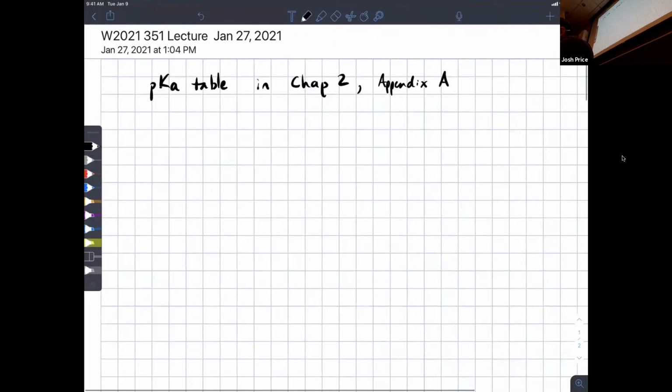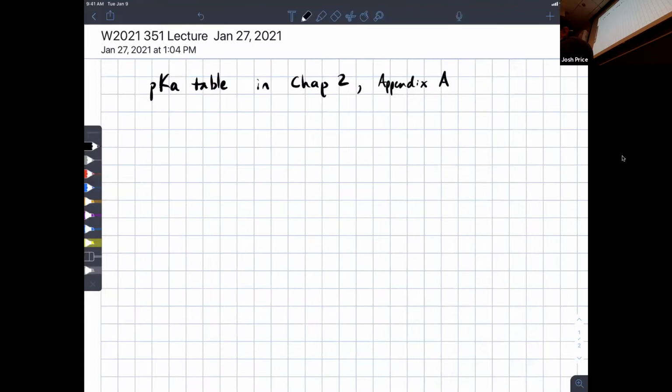How do you use a pKa table? Well, it can be somewhat tricky. In order to use it appropriately, it's useful to recognize different functional groups, which is something that we want to do in chapter 3 anyway. In pKa tables, we want to generalize as much information as possible without losing important bits of information.